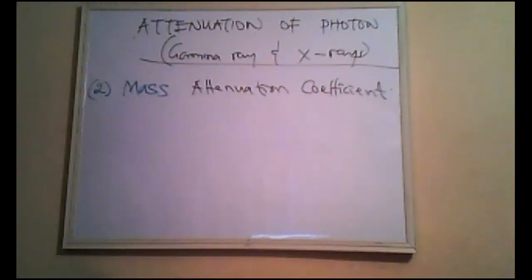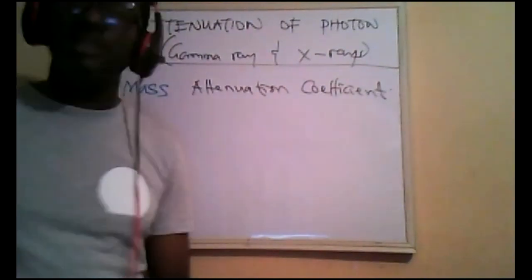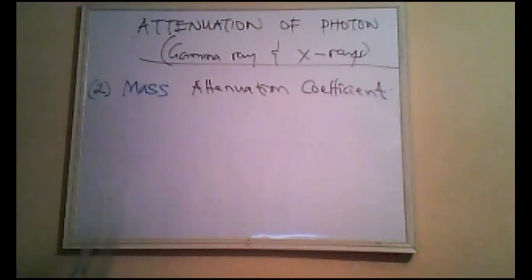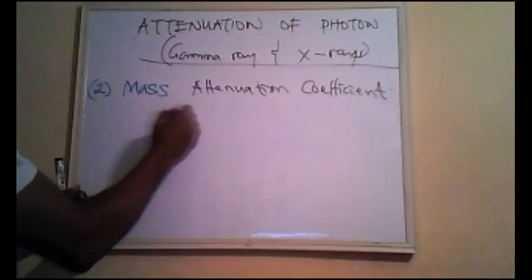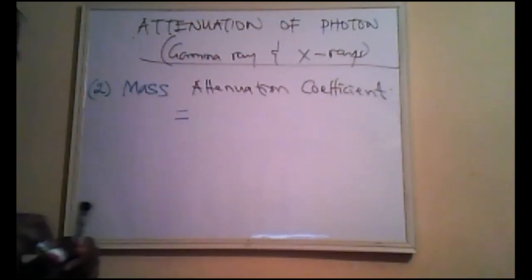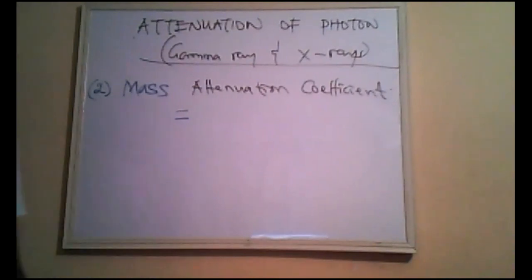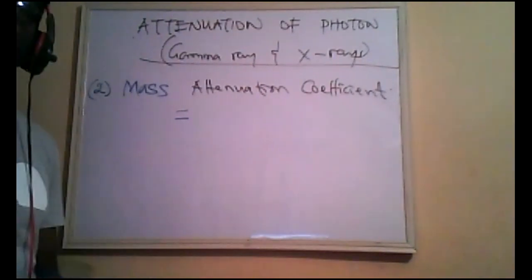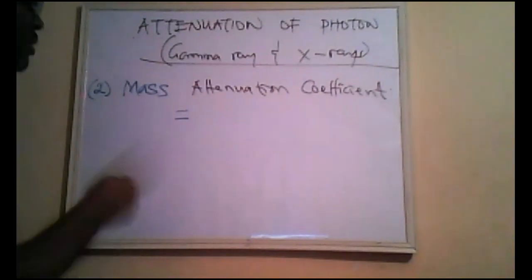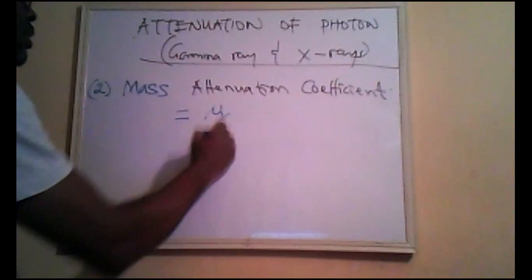If that is our concern, then we don't bother with the linear attenuation coefficient and look at the mass attenuation coefficient. It is derived by dividing the linear attenuation coefficient by the density, rho, of the material.